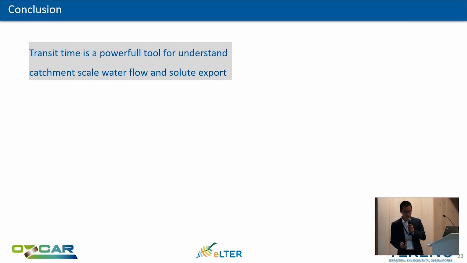So in conclusion, I would say that the transit time is quite a powerful tool for understanding both water flow and solute transport, and there have been several papers calling for integration of the transit time into water quality models.